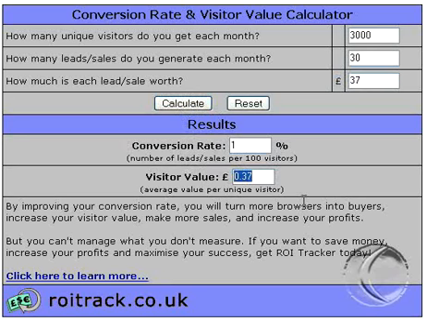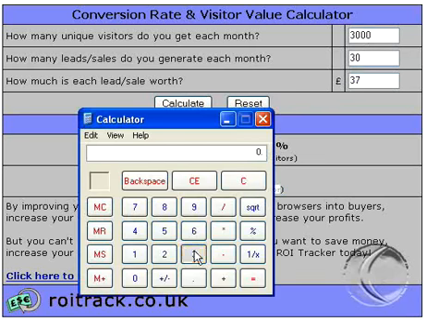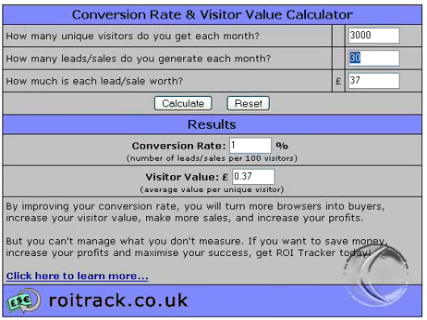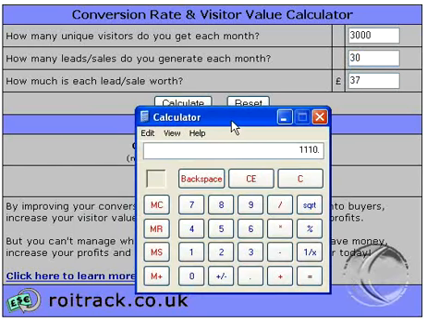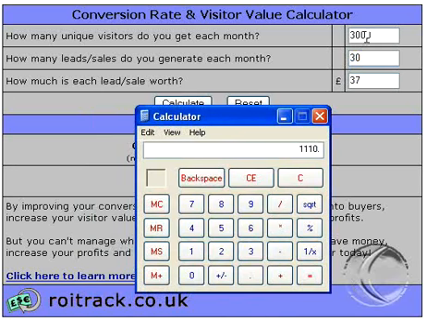Then it calculates your visitor value. The visitor value is the average value per unique visitor, which means this is how much value every visitor to my site has. Since I make $37 per sale, and there are 30 sales in the month, times 30, that means I make $1,110 total for these 3,000 visitors.